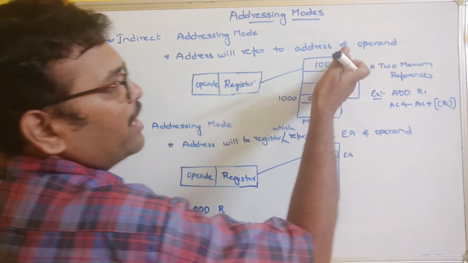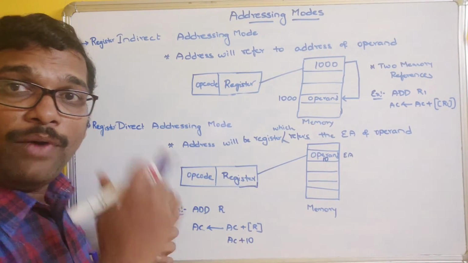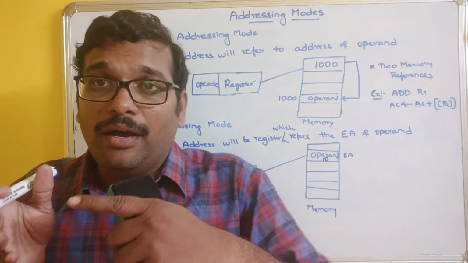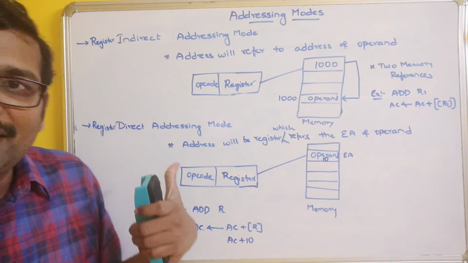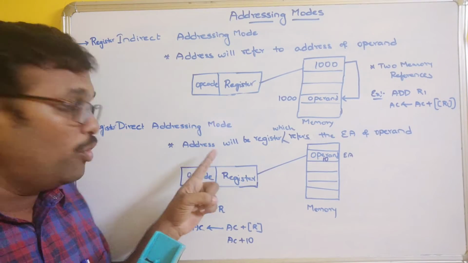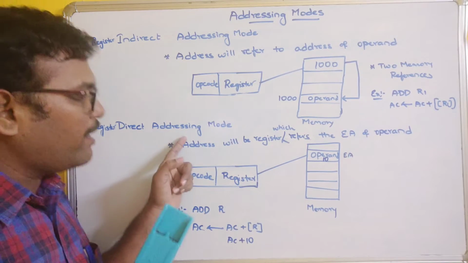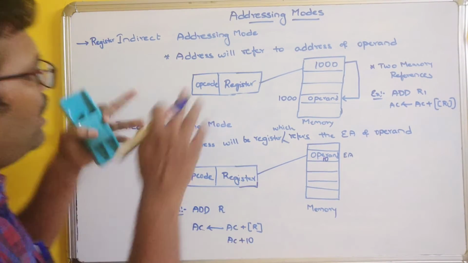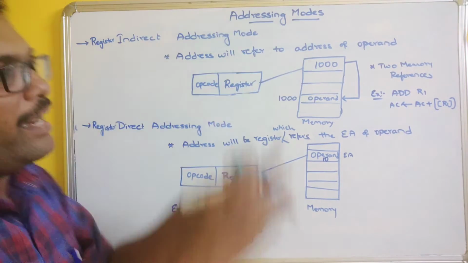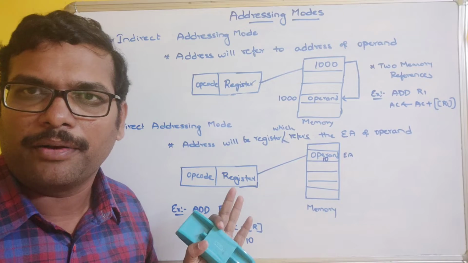So only one difference between the direct addressing mode and the register direct addressing mode. In the direct addressing mode, we give the address directly, but in the register direct addressing mode, the address will be stored in the register itself. Similarly, register indirect addressing mode. The rest of the execution is common.